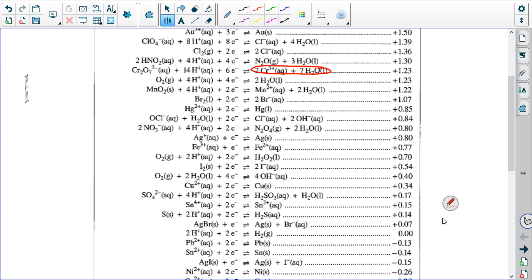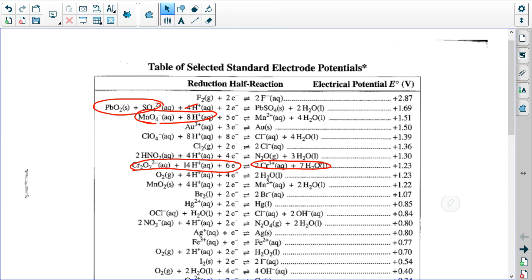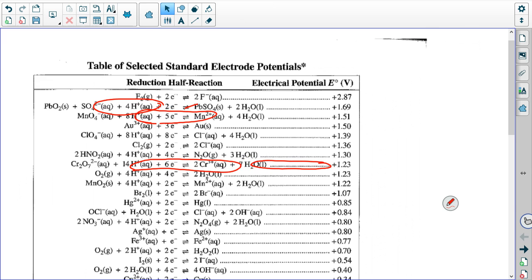Now it's a miserable reducing agent or oxidizing agent because it's way up at the top here. The ones that we use a lot are this one and this one. Notice where they are in relationship to water.